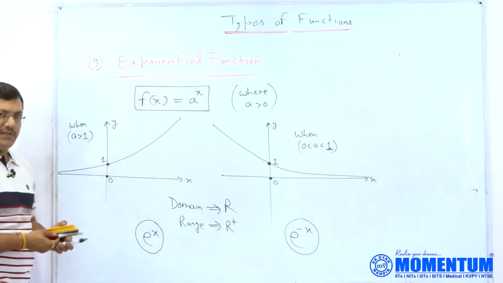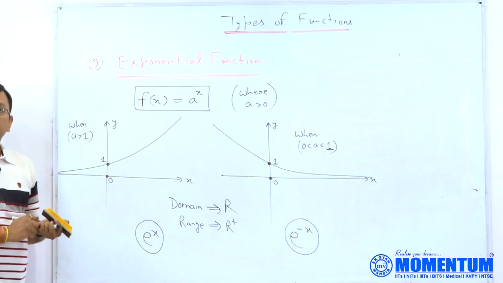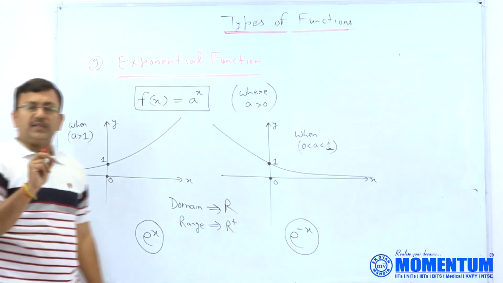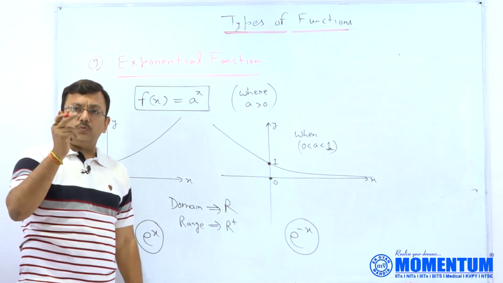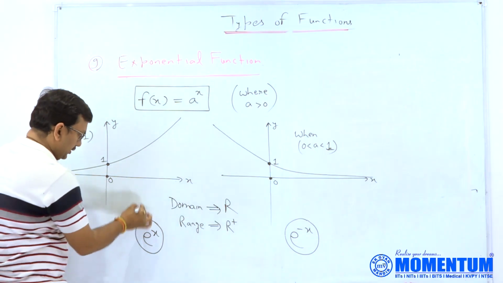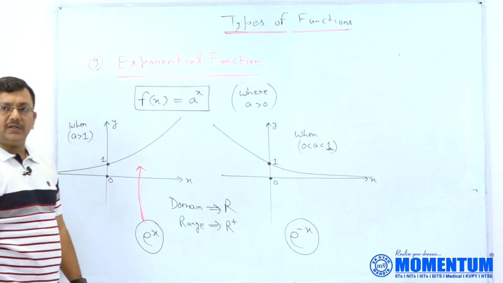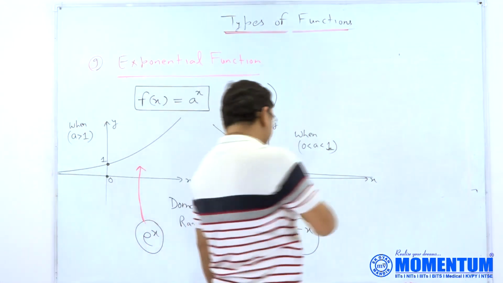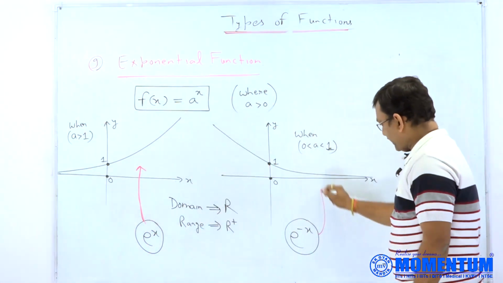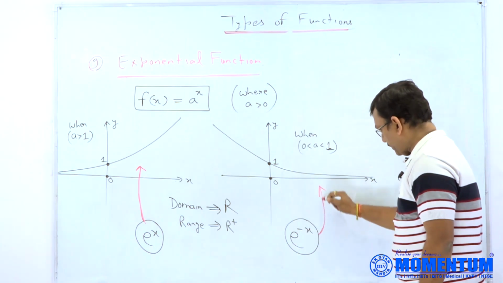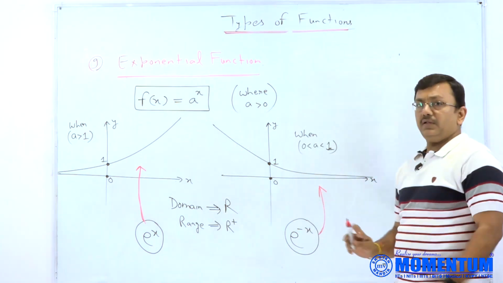So, e we have seen, what is e? E is called exponential having the value near about 2.7. So, clearly, first one is diagram of e to the power x. Second diagram is for e to the power minus x.